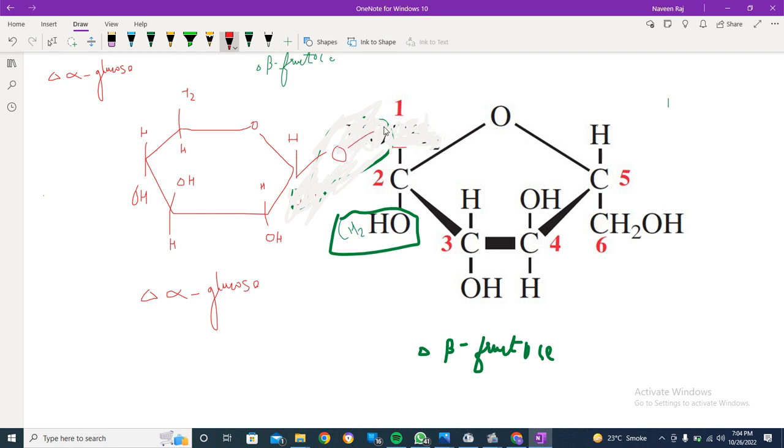On this side we have hydrogen remaining, which will come over here. This is hydrogen, this is oxygen over here, and a 1,2 alpha glycosidic bond is formed. This is how it works.